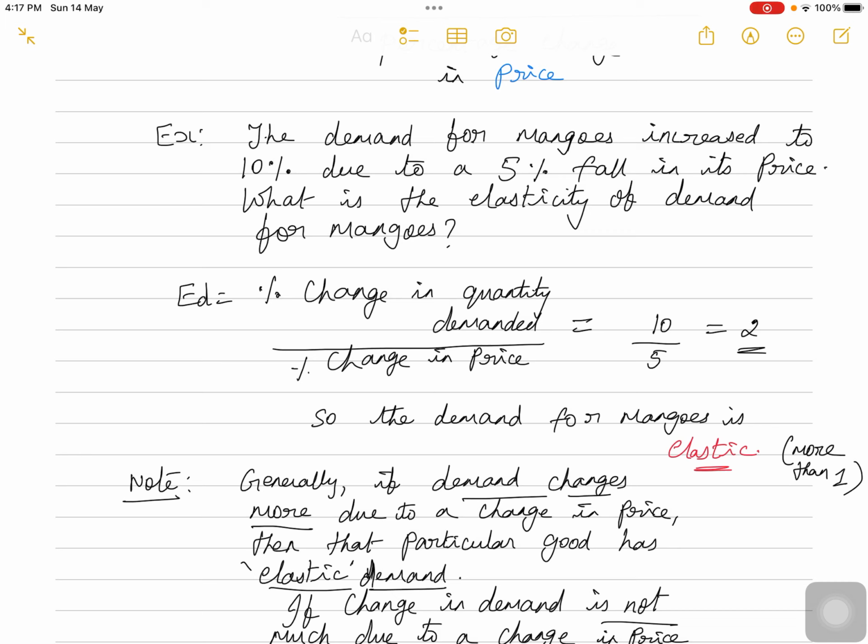According to the law of demand, the demand might increase or decrease according to the changes in price. So if the change in demand is more than the change in price of the commodity or service, then it is elastic demand, like a rubber band.